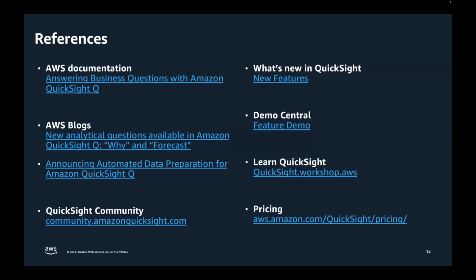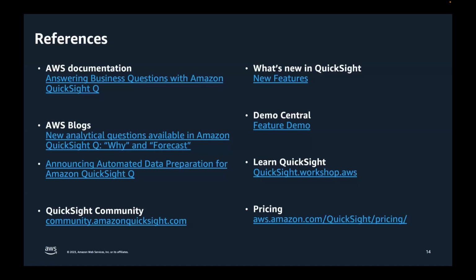Then we have a link for the QuickSight community, which is a great place where you can get the answers for all your questions, and you can also post new questions. You can go to an article. There is a lot of information available on the QuickSight community on the advanced calculation topic.